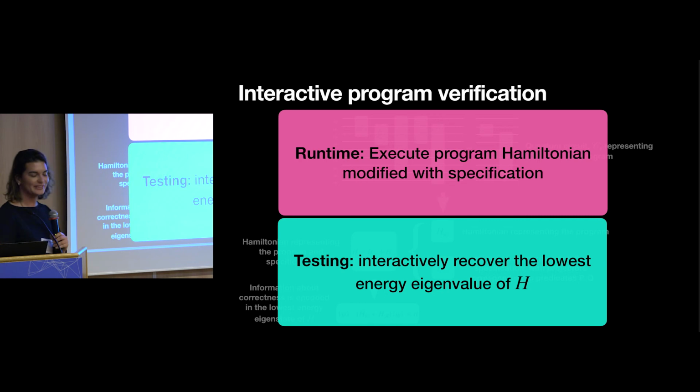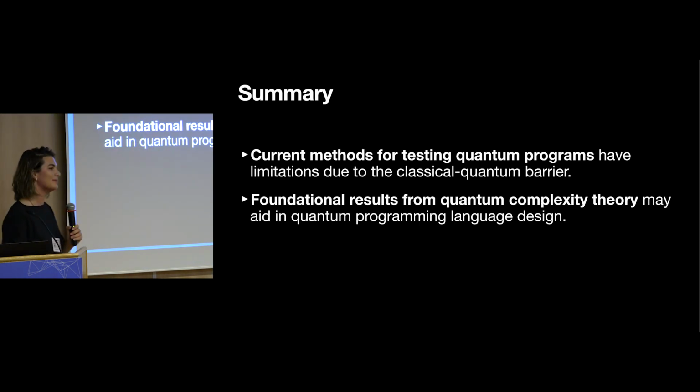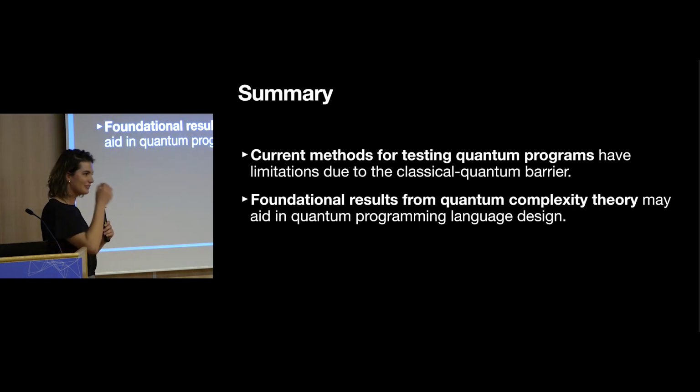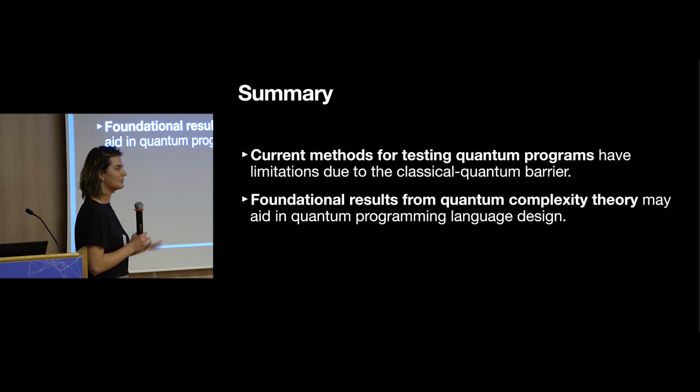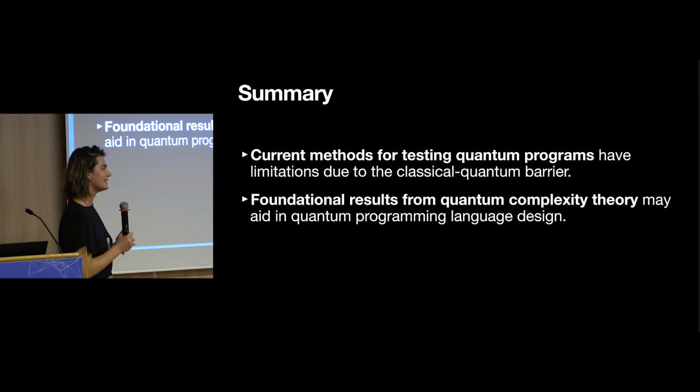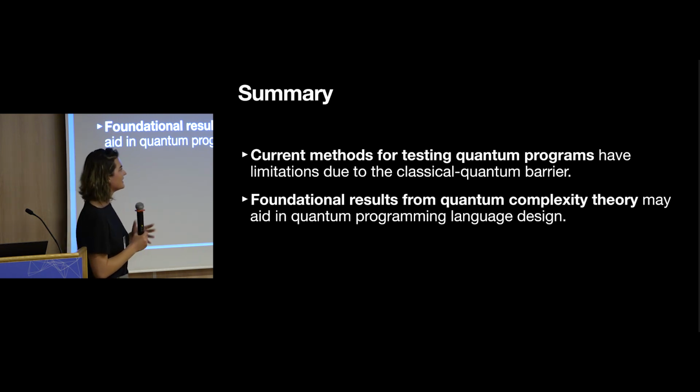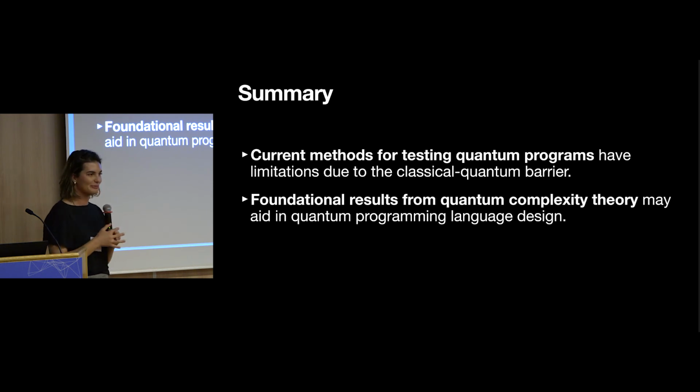But I hope you've learned a little bit about how we may be able to use some of these foundational results from complexity theory, and how this information barrier that exists between classical and quantum computation should be taken into account when trying to design quantum programming languages, because it leads to many, many challenges, as you've seen here. And we think that this will be part of the future of building quantum programming languages.